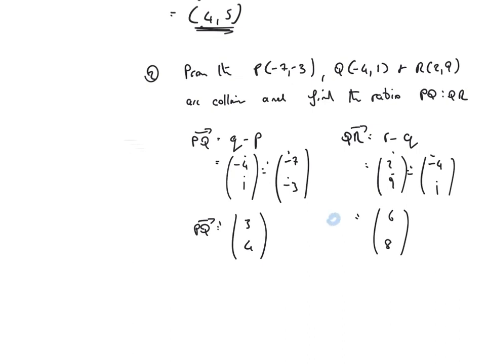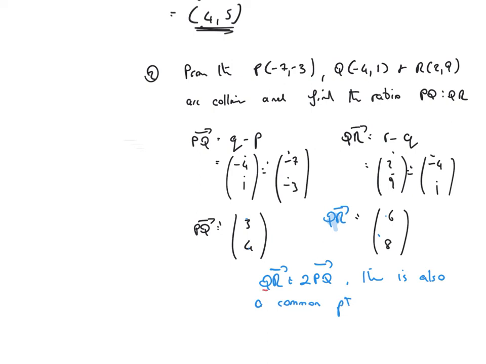So that is QR. Okay. So what we can see then is, well, from 3 to 6, 4 to 8, QR is double PQ. So QR is equal to 2 lots of PQ. There is also a common point, which is what?